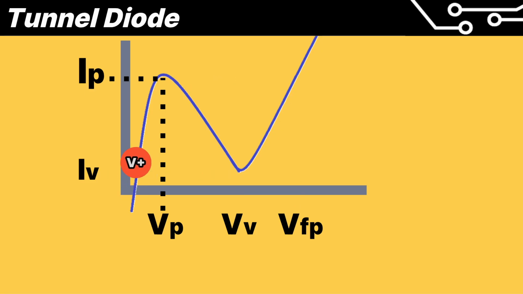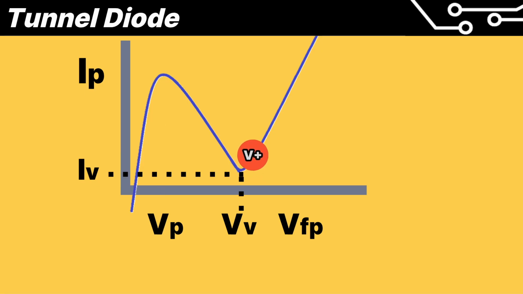The input voltage starts at VP. At this point, the current passing range is at its maximum, so the diode operates normally. Then the input voltage changes to VV. At this point, the current passing range is at its minimum, so the diode doesn't operate well. This is the point where it defies Ohm's law.